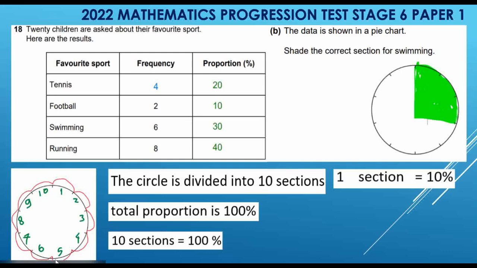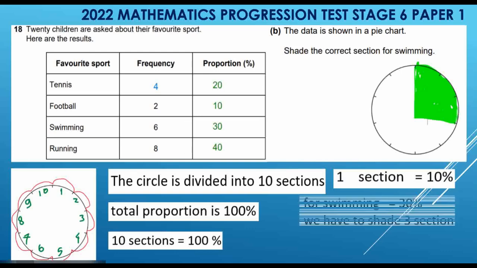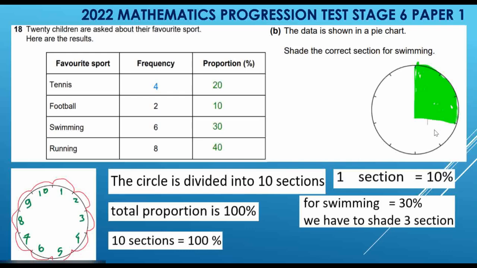So for swimming, if we get 30%, it means we have to shade 3 sections. So how do you get 3? It is 30 divided by 10, because 1 section is 10. So we got 3 sections. Next.